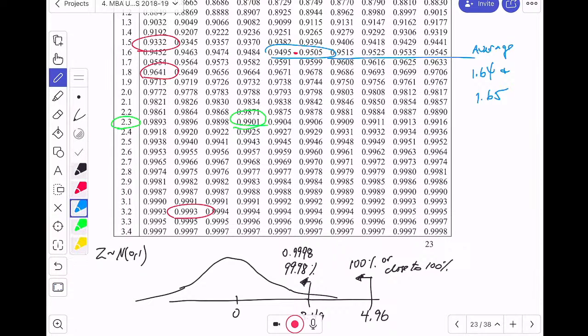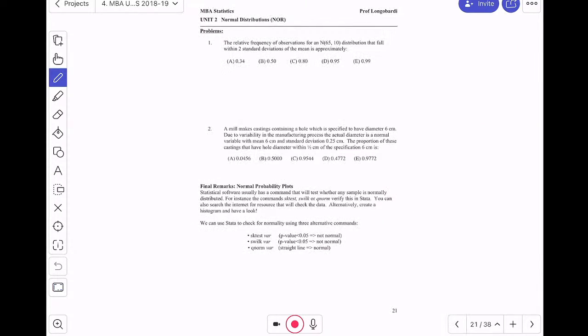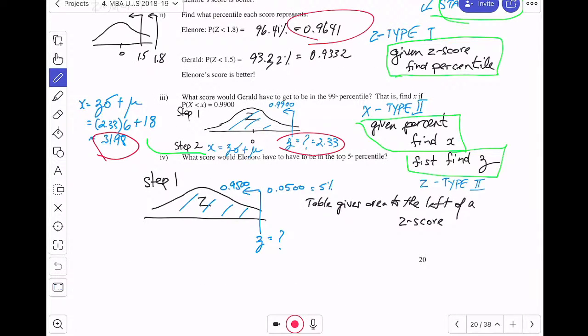So in between those two is 1.645. So that's my first step.